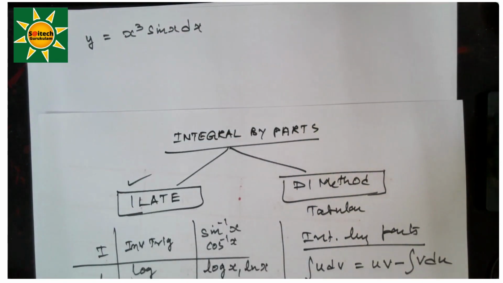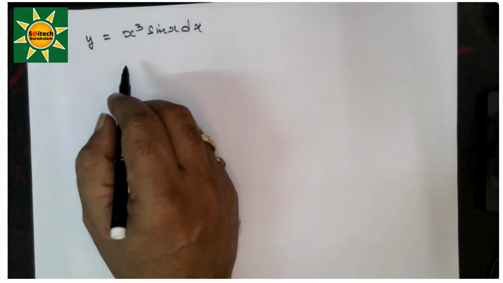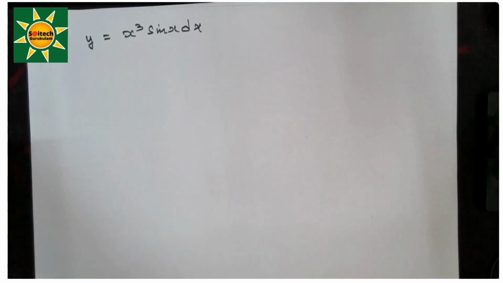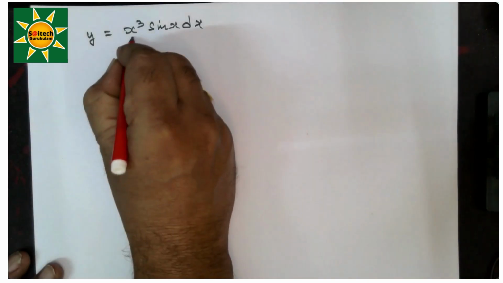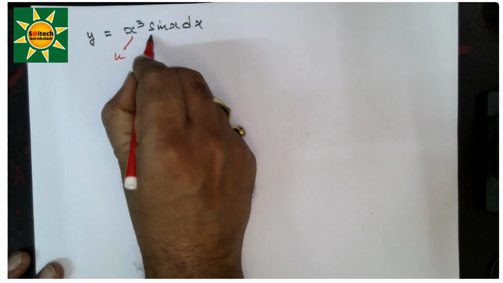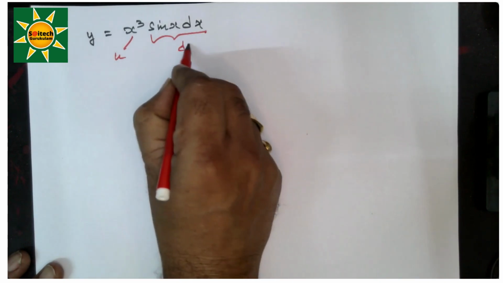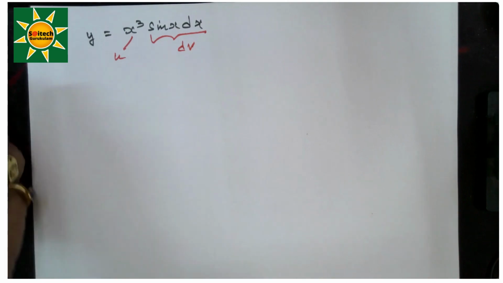So which is the priority? Algebraic is the priority and followed by sine. So we have to give u, the first function, as x squared, in this case x cube. So let us have x cube as u. And what about this? This should be taken as dv, right?